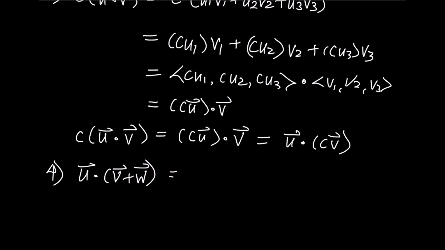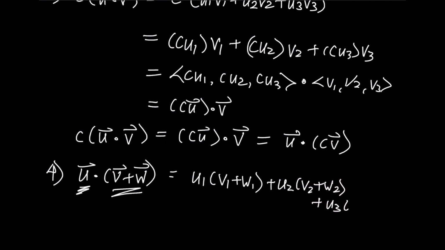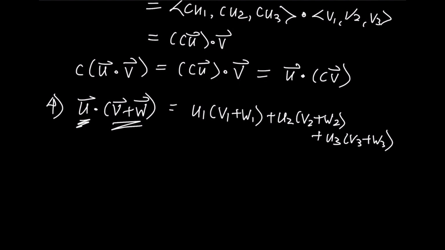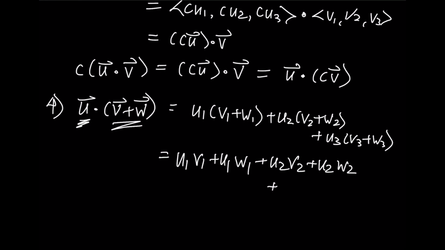The dot product says take the first entry of this vector and multiply it with the first entry of that vector. Well, that's going to give us a u1 times v1 plus w1. And if I go down the line, this is what I end up with. We can now use distributive properties of real numbers. So we'll have u1v1, u1w1, plus u2v2, plus u2w2, plus u3v3, plus u3w3.